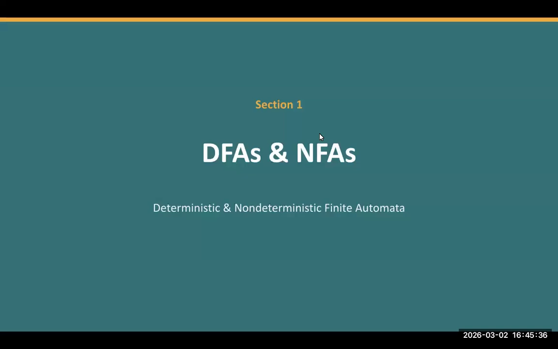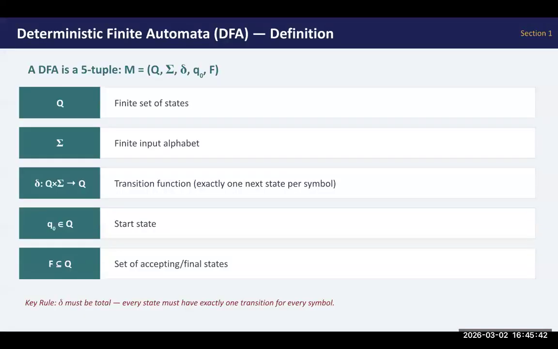So, going over DFAs and NFAs, which are deterministic and non-deterministic finite automata. What is a DFA? It is a five-tuple, which can be defined as Q, the finite set of states, your finite input alphabet, the transition function, which takes in any input alphabet symbol and transitions to exactly one state per symbol, your start state, which is your Q0, and then your set of accepting or final states.